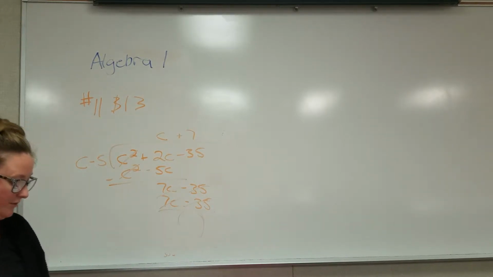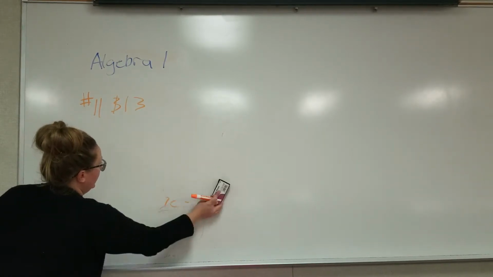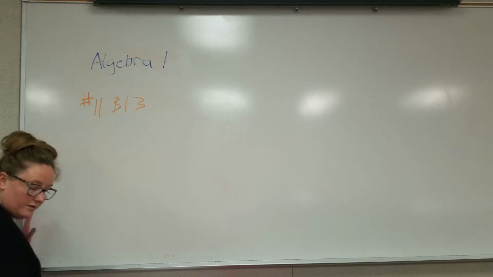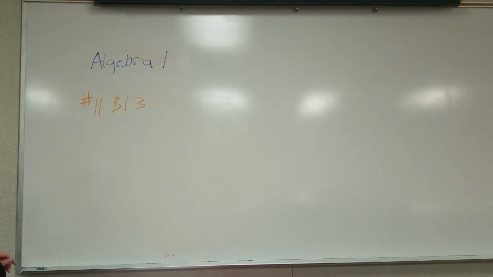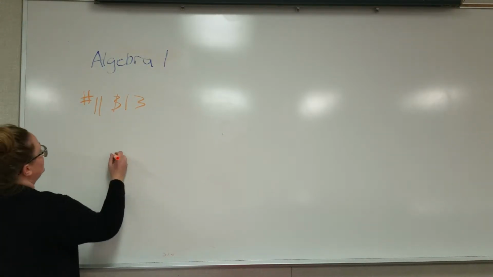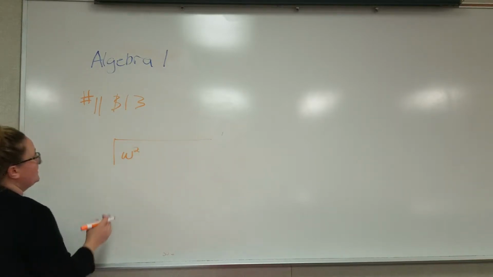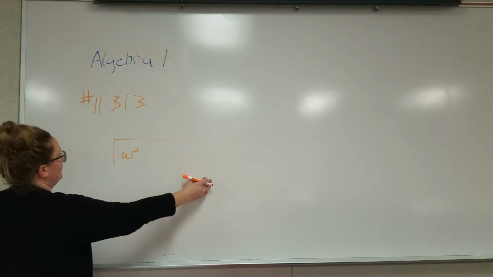Now problem number 13, it's also a long division problem, and it says w to the power of 3 plus 64 divided by 4 plus w. Now when you have this, you have to put in placeholders, all right? So you have w cubed. You have to have all your descending powers for division.